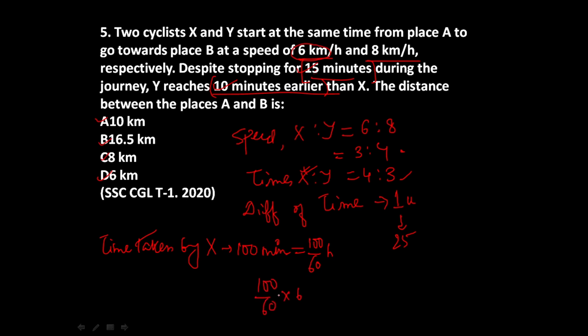What do we know? Distance is equal to speed into time, right? So this is the time and this is the speed, so it will be 10 km. Option A is the right answer, 10 km is the correct answer. I hope you have understood. Moving to the next one.